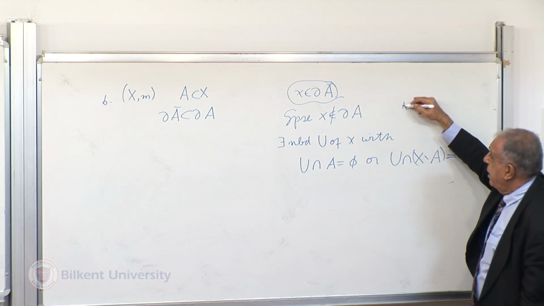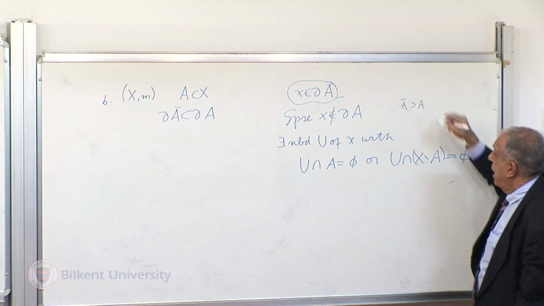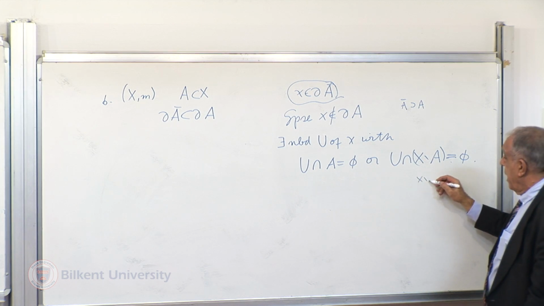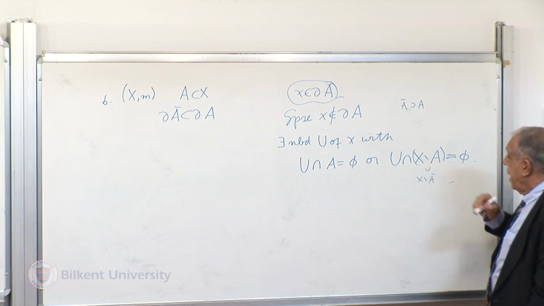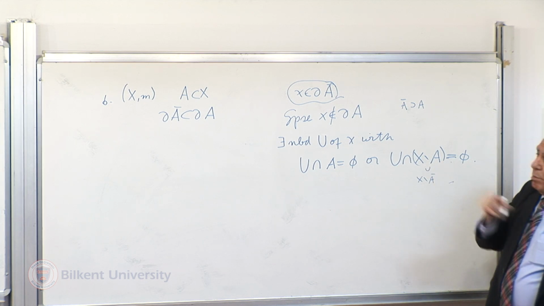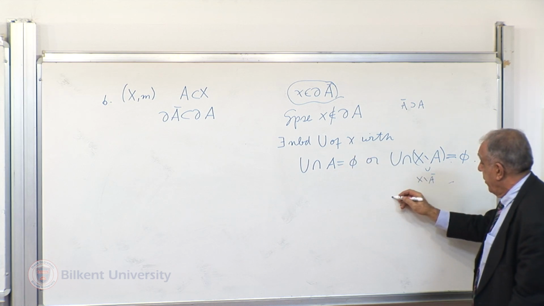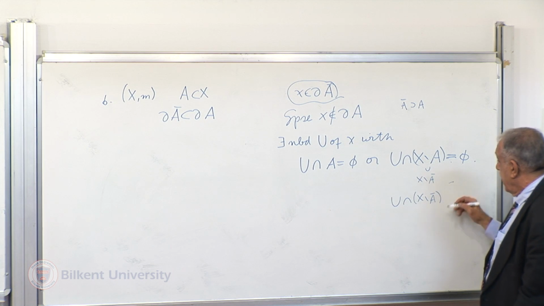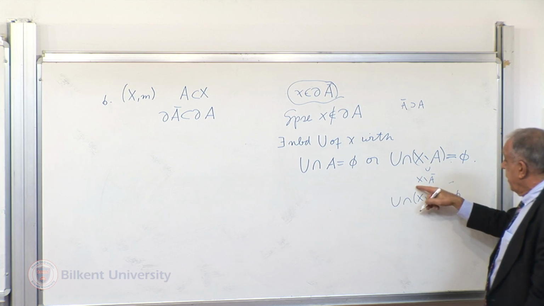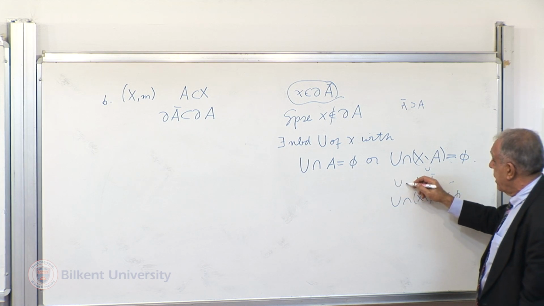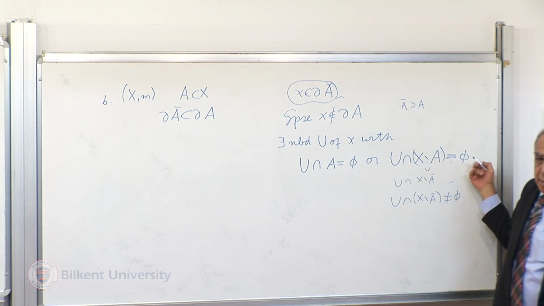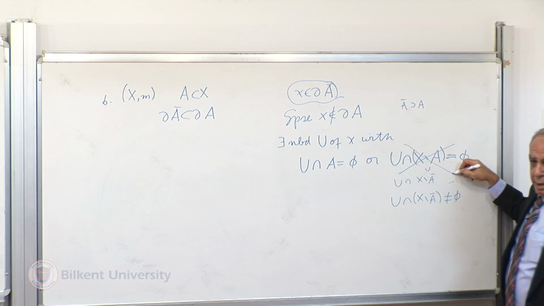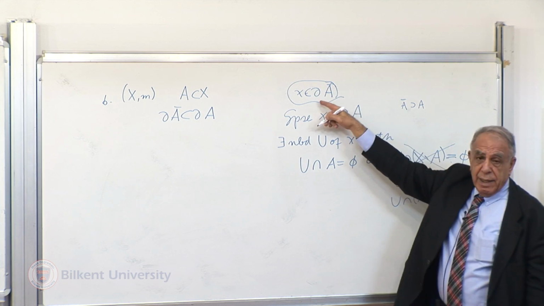Now, A closure contains A. So X minus A closure is contained in X minus A. But this says U is some neighborhood of x, U intersection X minus A closure is non-empty. But if this is non-empty, then the intersection with this has to be non-empty as well. So this cannot be the case, since x is in the boundary of A closure.